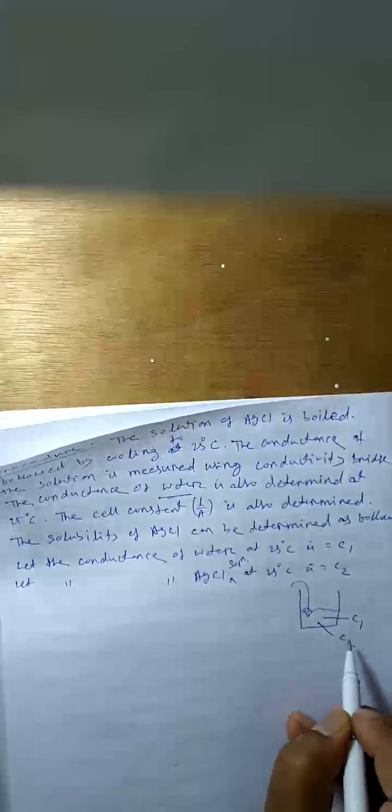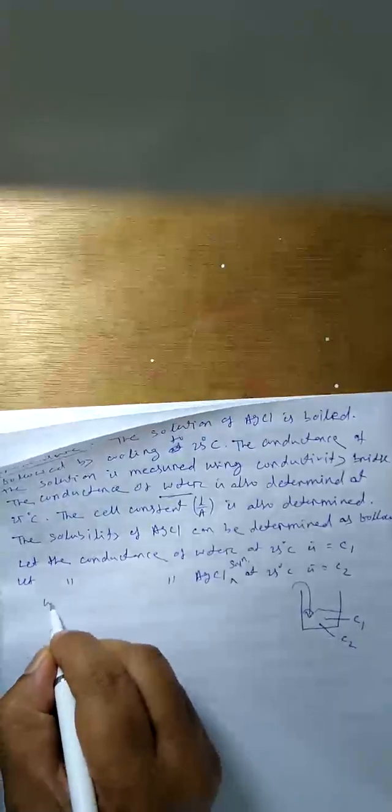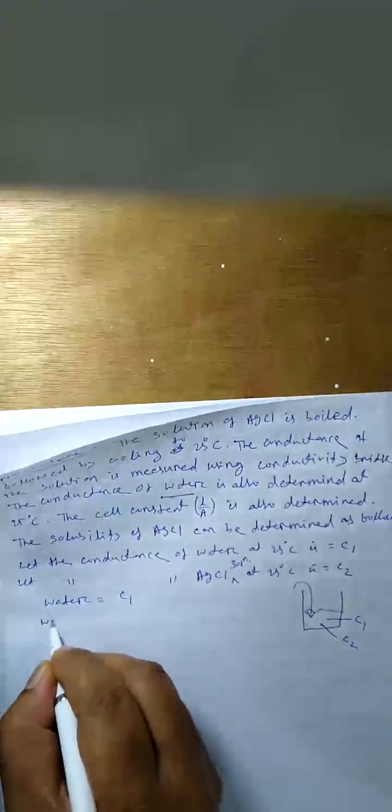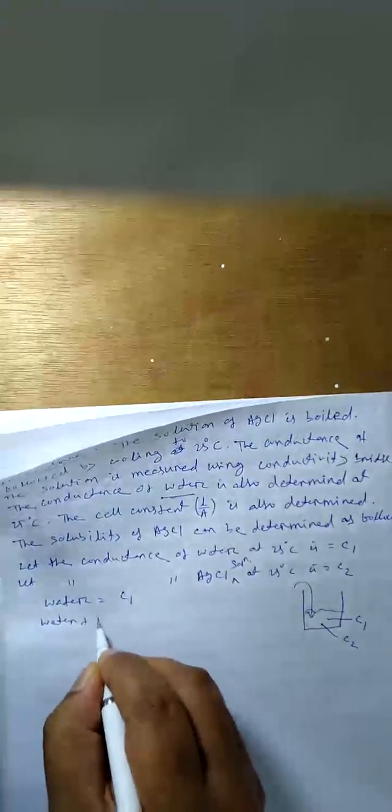Now when you subtract, solution minus water: water alone is C1, and water plus silver chloride solution is C2. When you subtract this one minus this one, we get silver chloride.